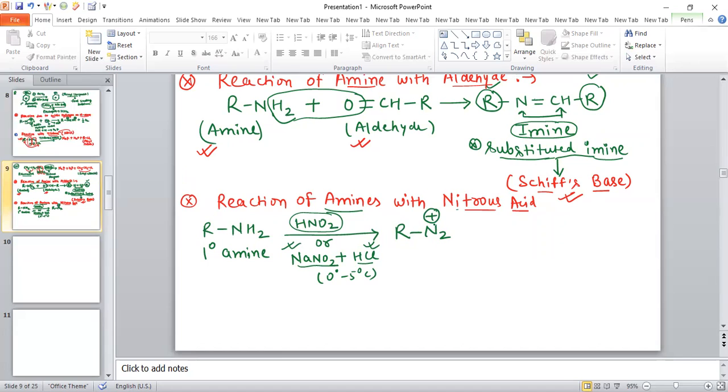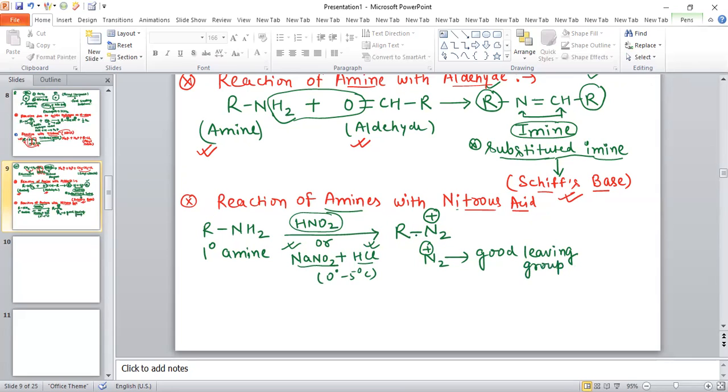We know positive charge on nitrogen is unstable. So this N2 plus is basically a good leaving group.